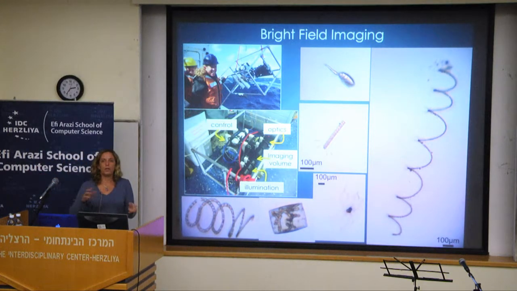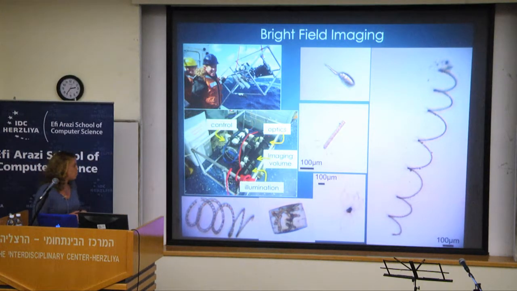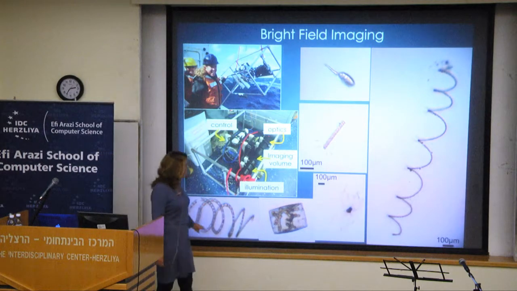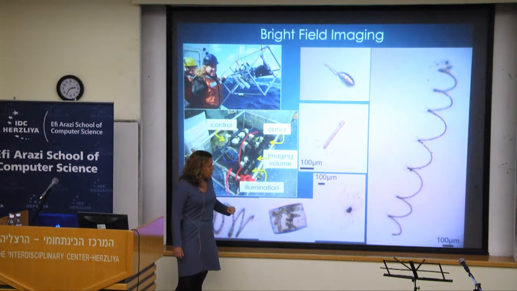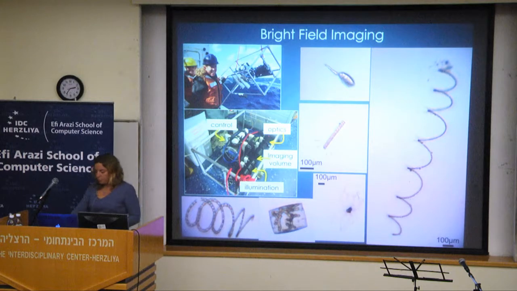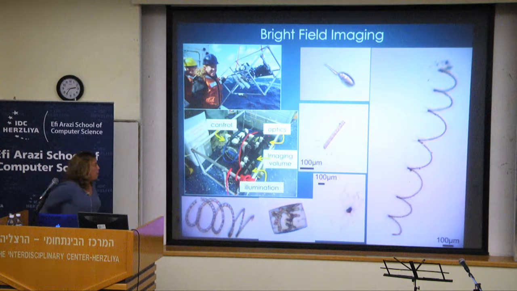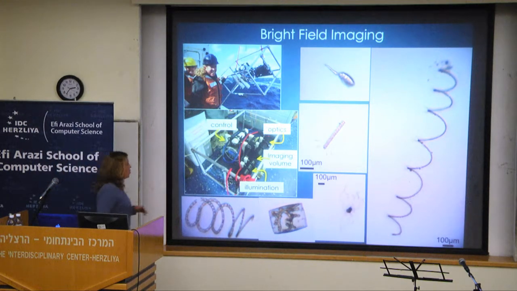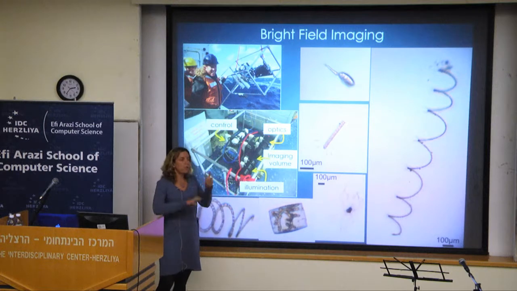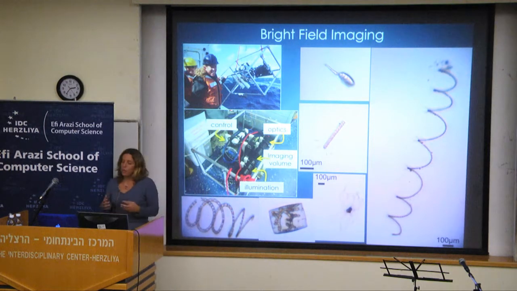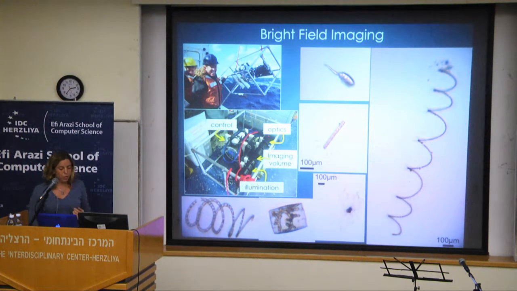The boat was moving, the microscope was moving, the organisms were swimming, but we still managed to get the resolution you see here. What we did here, we didn't actively focus on the organisms, but we had one focal plane, and the organisms swam through, and then in some frames we got them in focus.